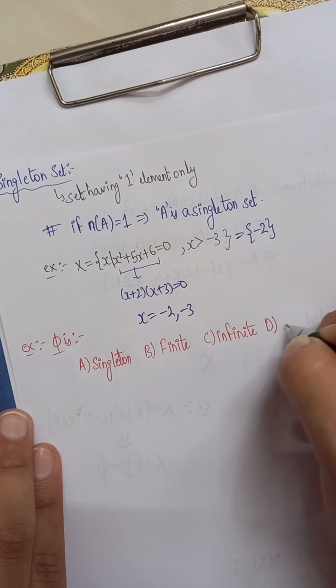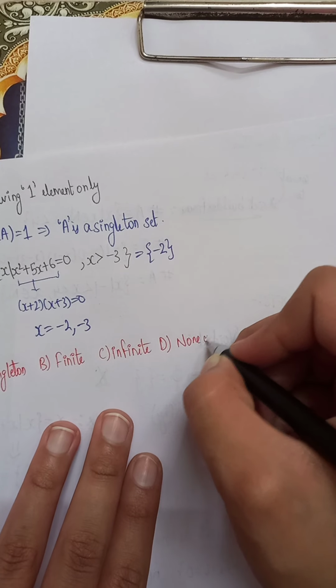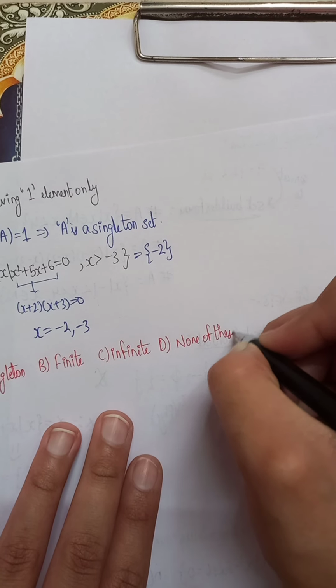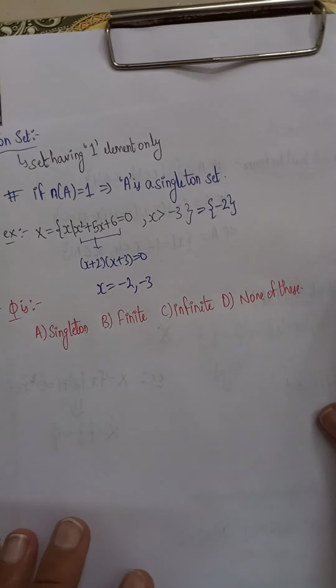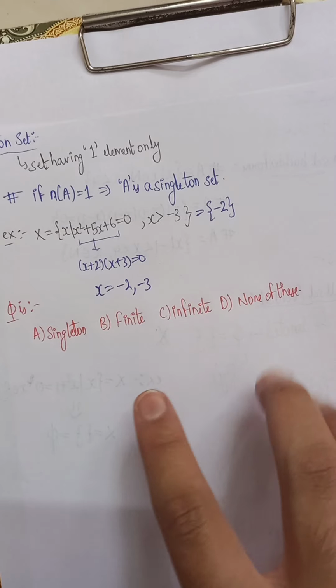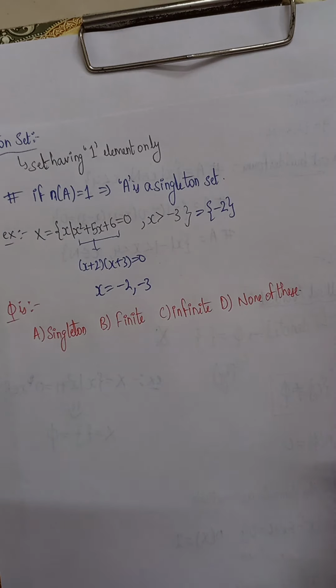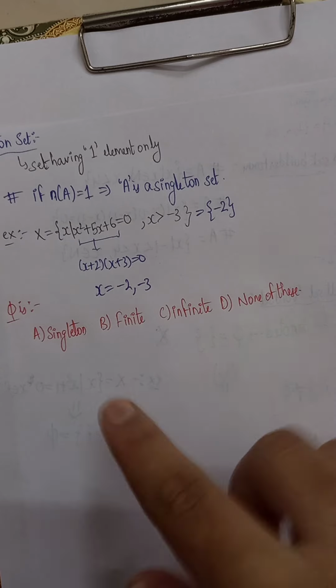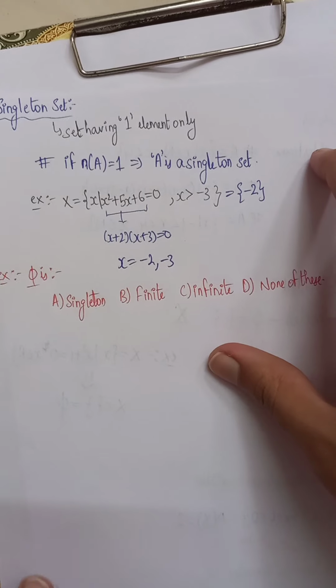And option D, none of these. I know there is no option called empty set, but in these options, just pause the video for a second and think which one of these would be the answer. I hope you paused the video.